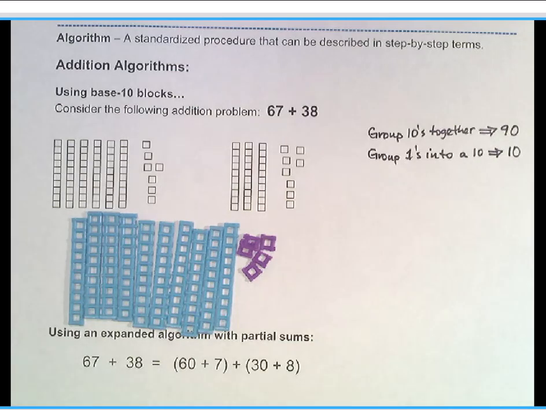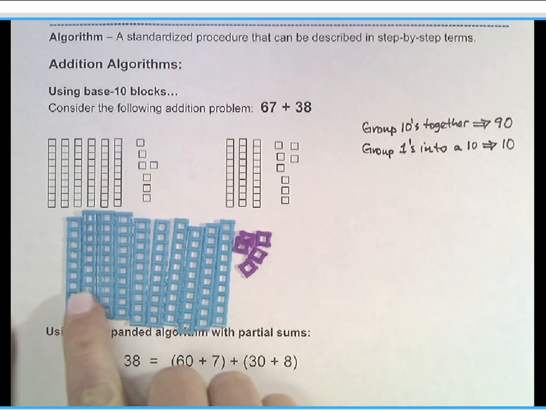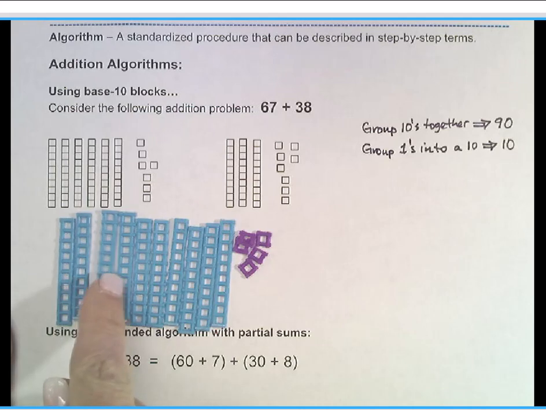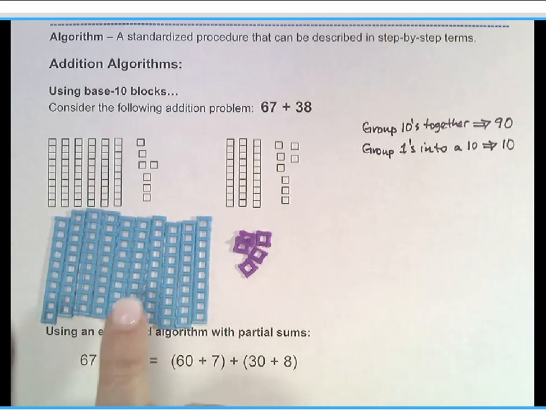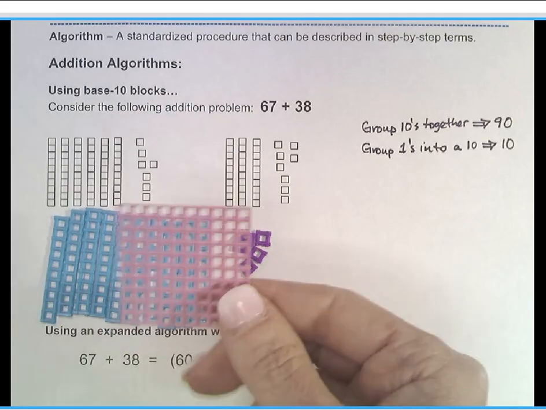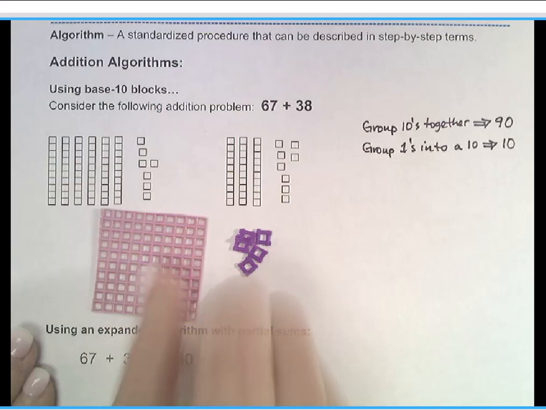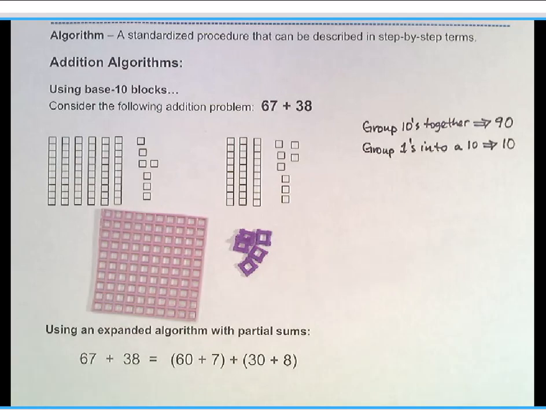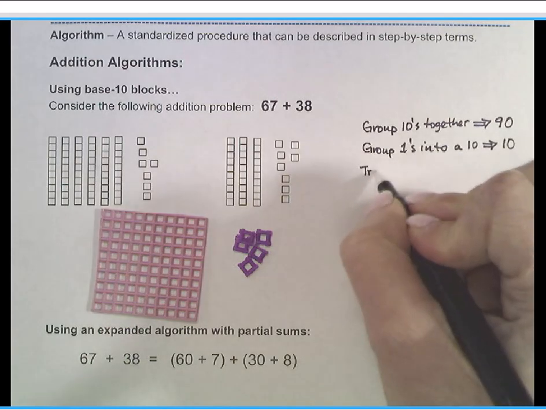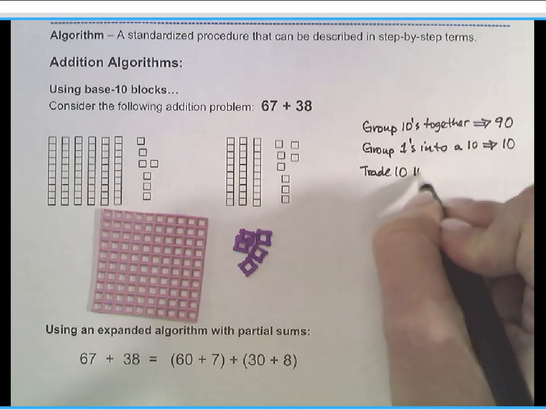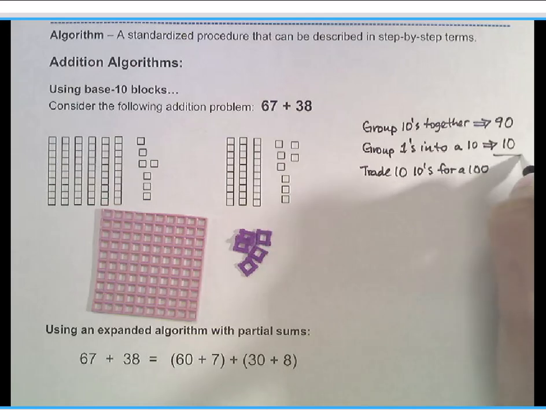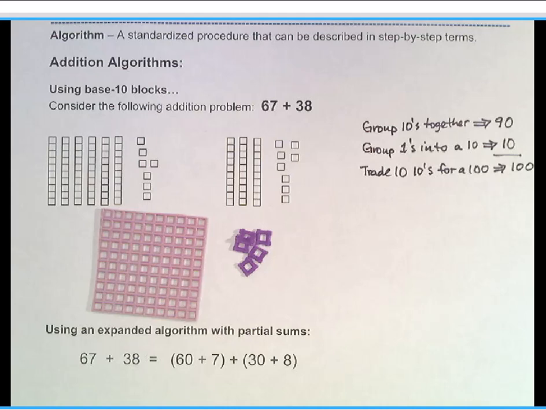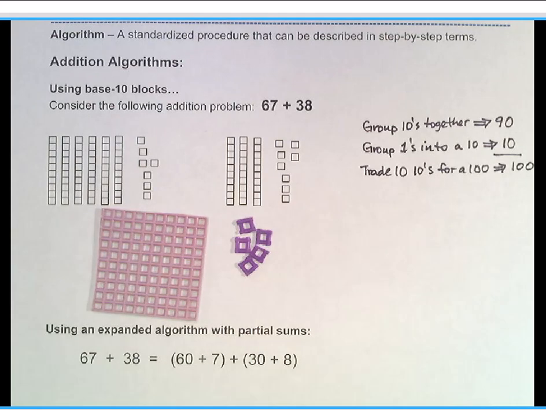If I count up all my longs, I have 1, 2, 3, 4, 5, 6, 7, 8, 9, 10. If I have 10 of these, I can trade them out for 100. So I trade 10 10s for a 100. The 90 and the 10 becomes the 100, and what I have left over are these 5 little 1s.